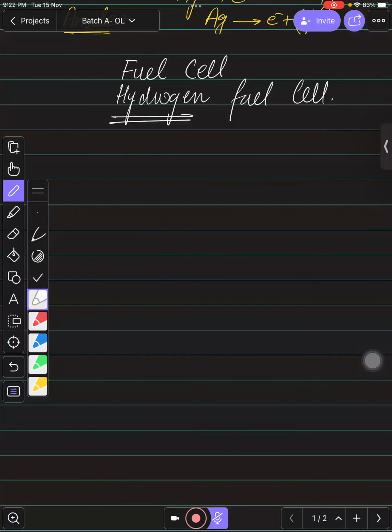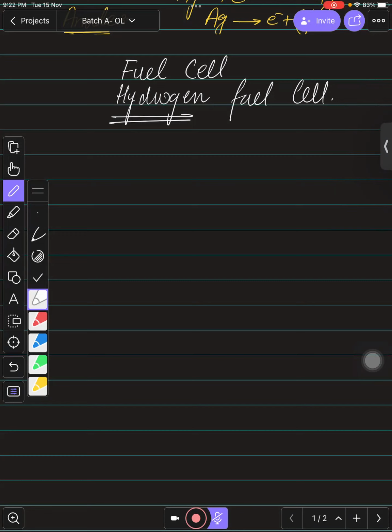So you need to remember this, बच्चों, that scientists are working on reactions which should have minimum pollution and maximum energy release. So when they were working on this, they had an idea about hydrogen being a fuel.